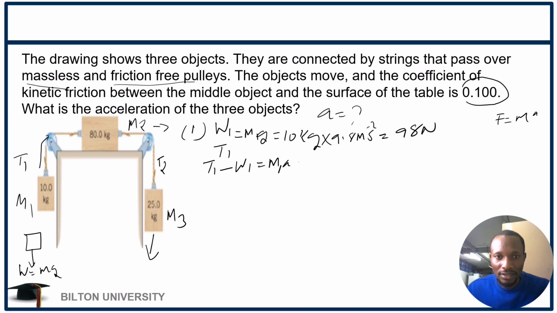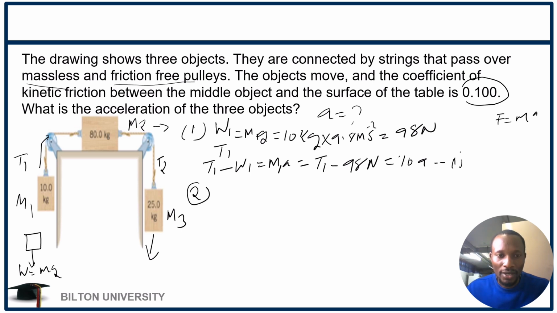T1 minus W1, where W1 is 98, so T1 minus 98 Newtons is equal to the mass, which is 10 kilograms, times the acceleration, so 10a. This we can call our equation 1.